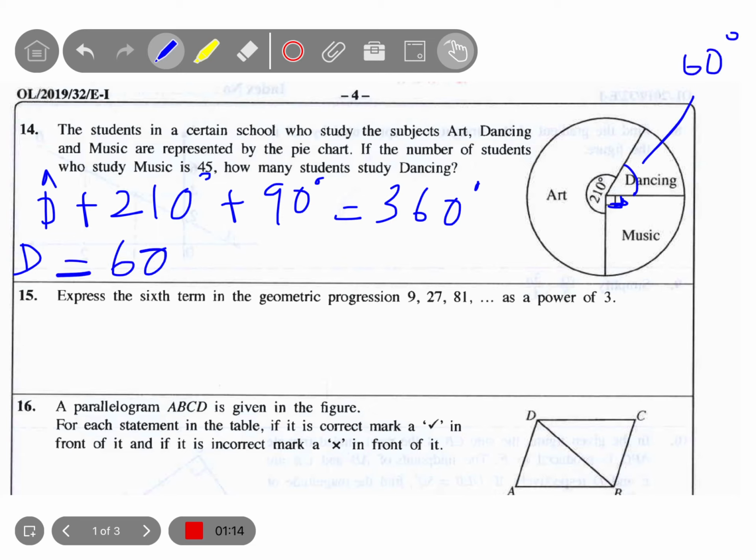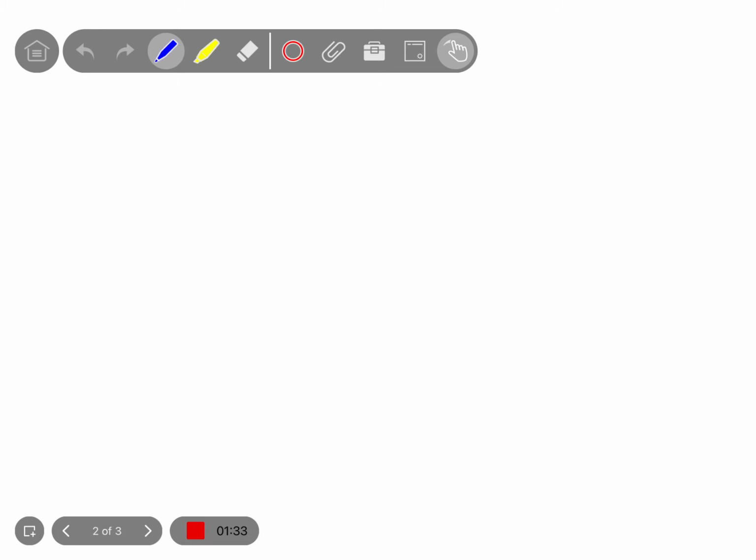So we just found the angle, but we still didn't find the number of students. What they are saying is the music is 45 students. 90 degrees represents 45 students. So remember this, 90 represents 45. Then what does 60 represent? Pretty easy, right?